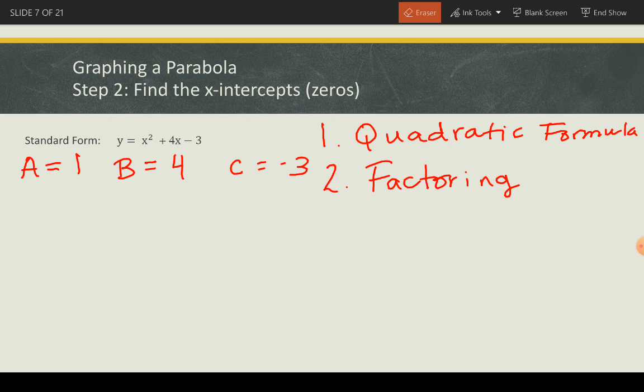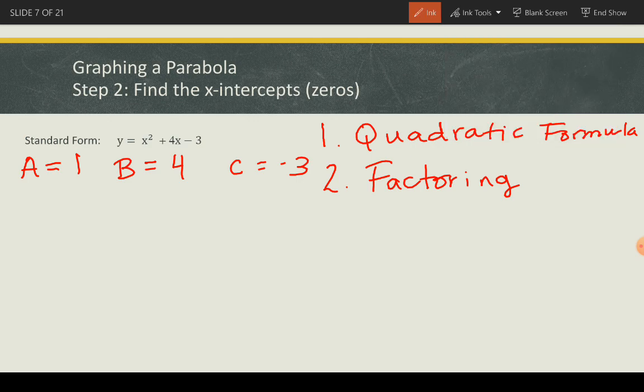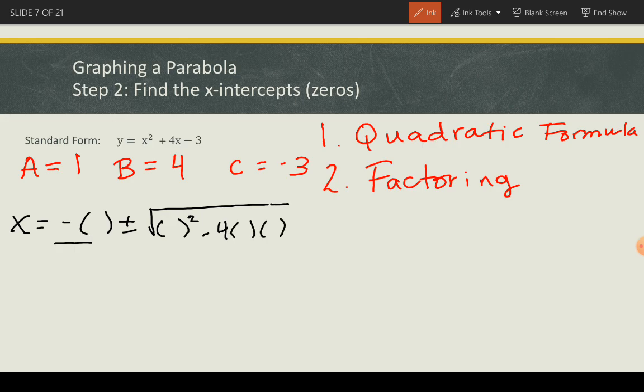Okay, so factoring didn't work. It's not factorable, so let's use the quadratic formula. So we'll have x equals negative b plus or minus the square root of b squared minus 4ac, all over 2a. Let's fill this in.